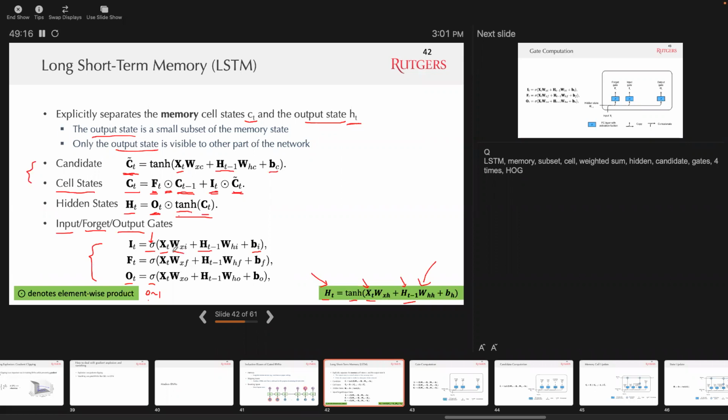So this W_xi means that this weight actually connects the input, which is X, into the input gate, right? So this is why you have this X and I, right? And you have this W_hi. That means this weight is actually connecting the output state H to the input gate, and this is why you have the I here, right?